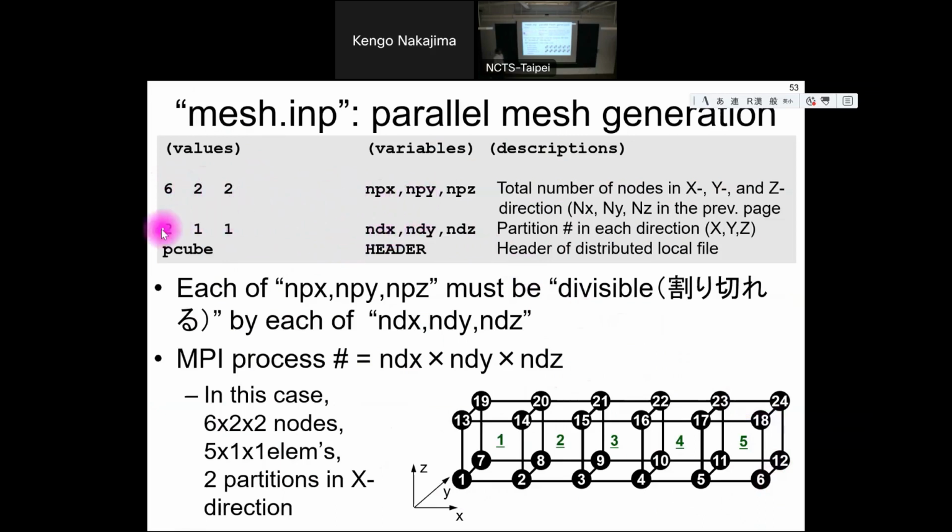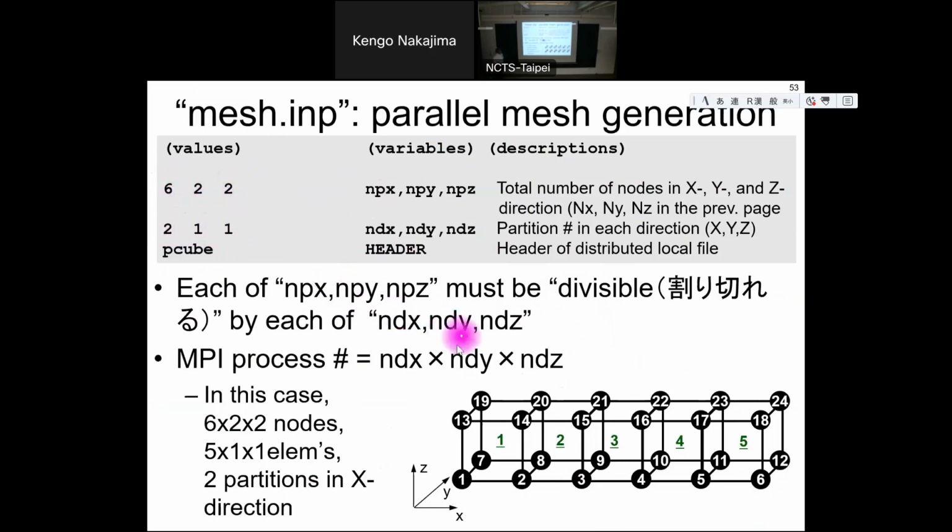The second line shows the number of divisions in each direction. In this case, 2 by 1 by 1. This means we have 2 partitions in x direction. And each component of the first line must be divisible by each of the second line.